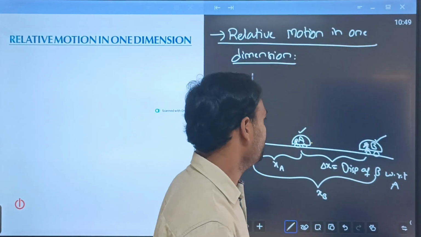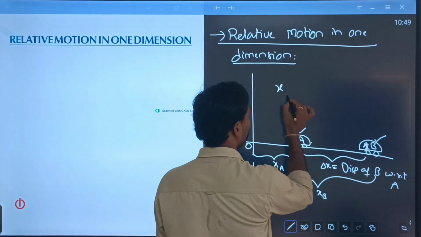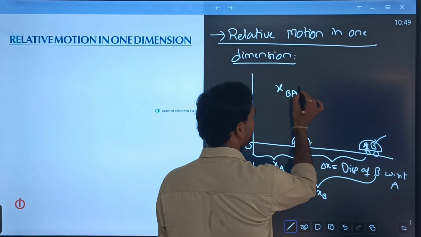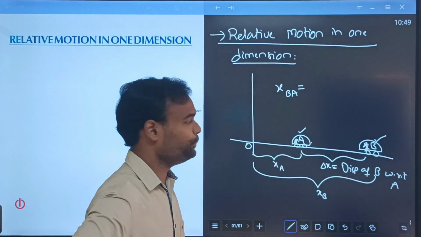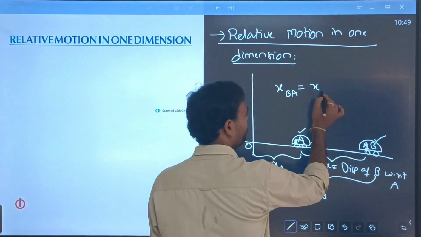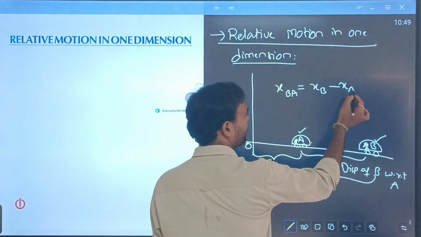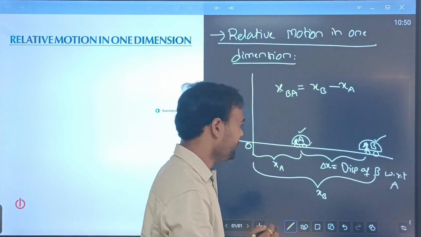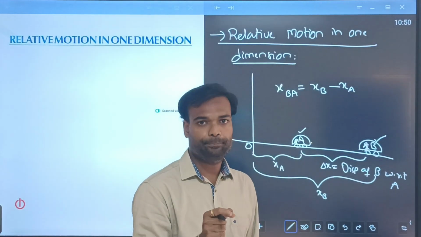Yes, right. That means we can say displacement of B with respect to A is equal to xB minus xA. This is the displacement of B with respect to A.